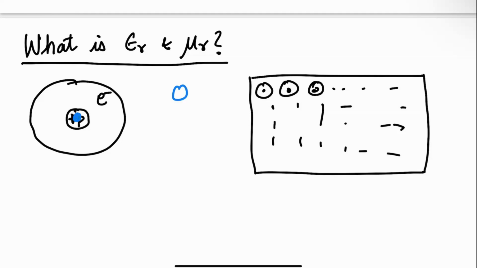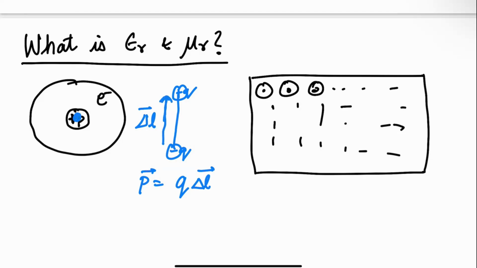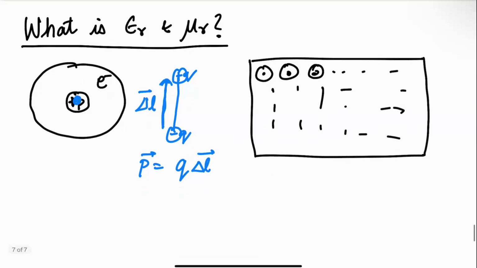Right? So dipole moment is if I have a positive charge and a negative charge that are separated by some distance delta L, then the dipole moment is given by Q delta L vector, where delta L vector goes from the negative charge to the positive charge.